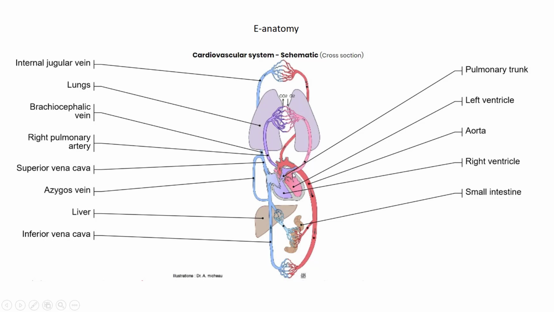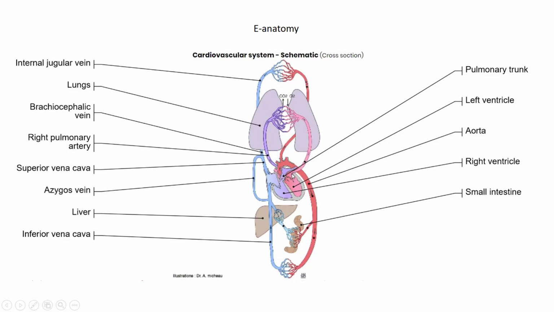Remember, veins take blood to the heart and arteries take blood away from the heart. But there is this one area where the veins actually carry oxygenated blood and the arteries carry deoxygenated blood. So that is one of the confusing parts.